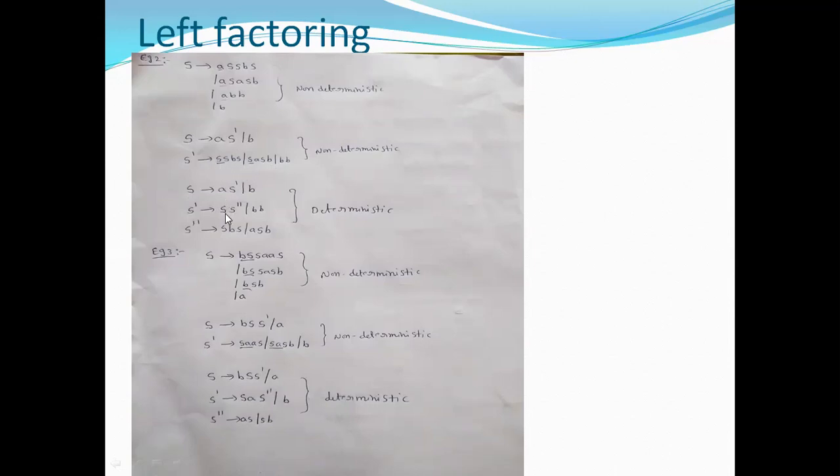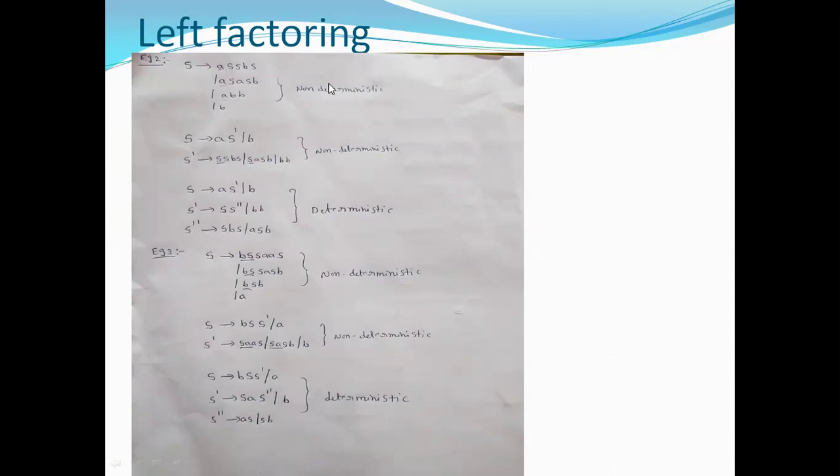S. So S'' or B B. Here B B is not performing any operation, so we are using B B and S''. What is S''? The remaining things: S B S and A S B. So that is S''.